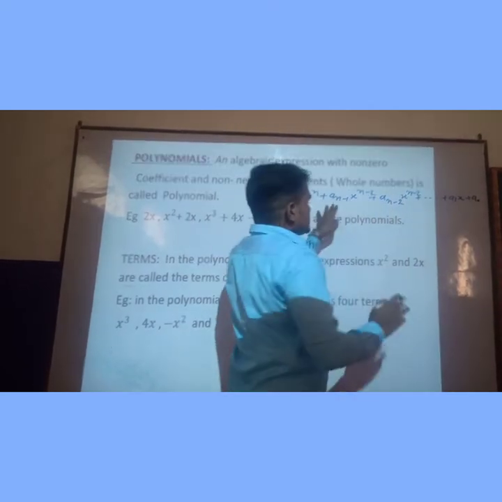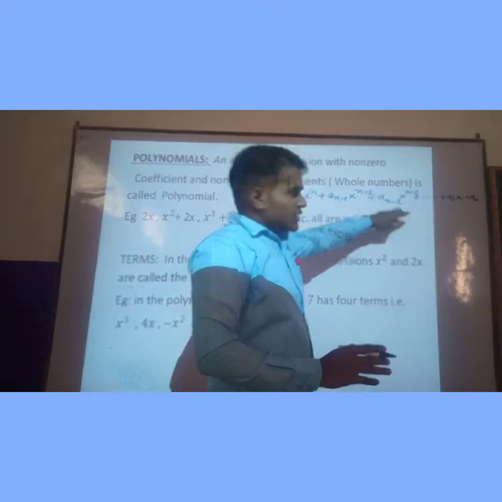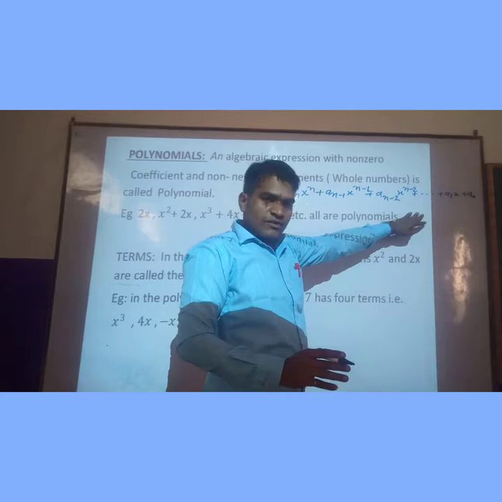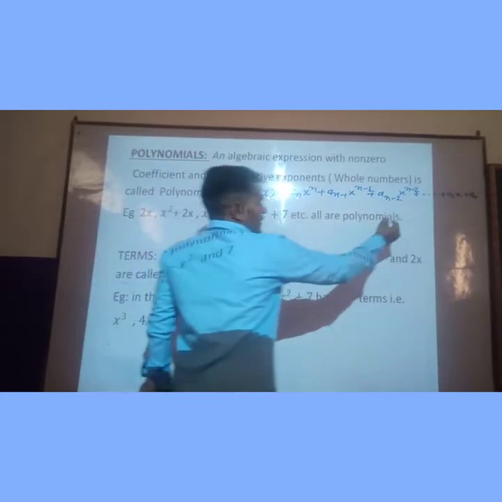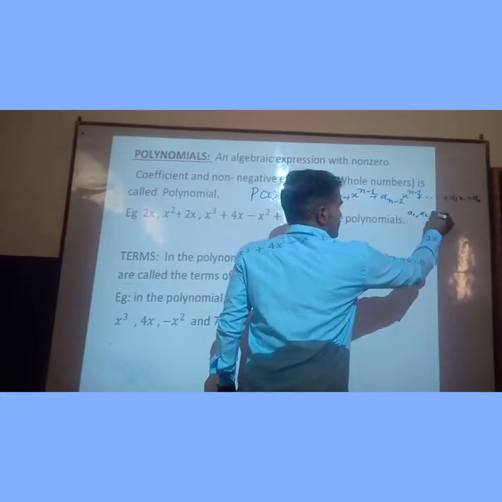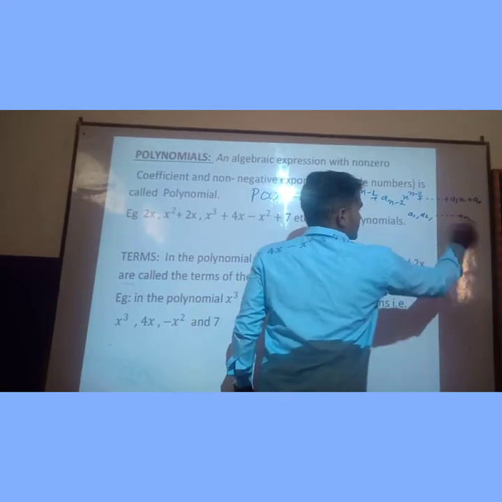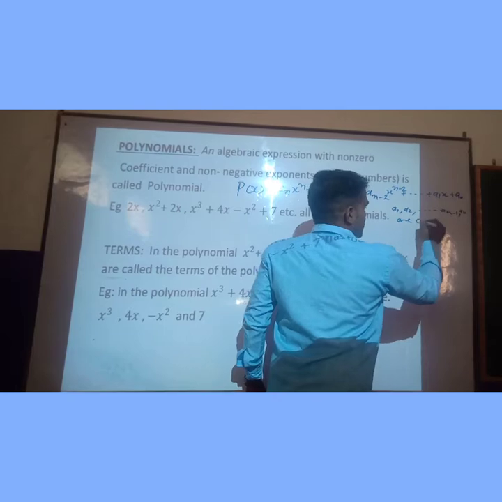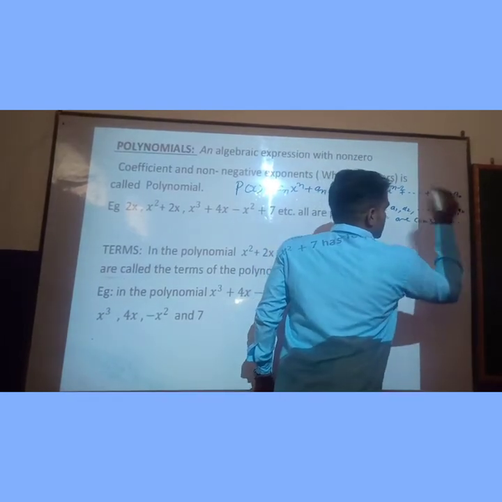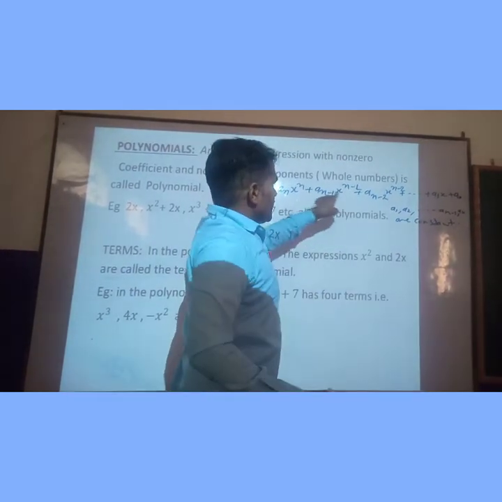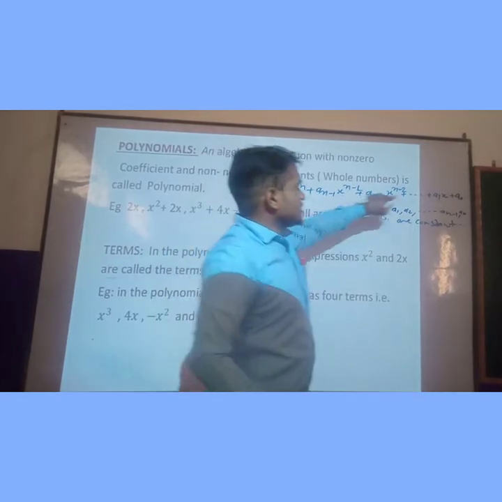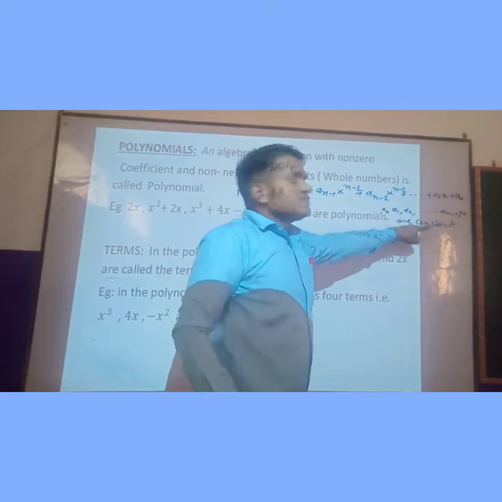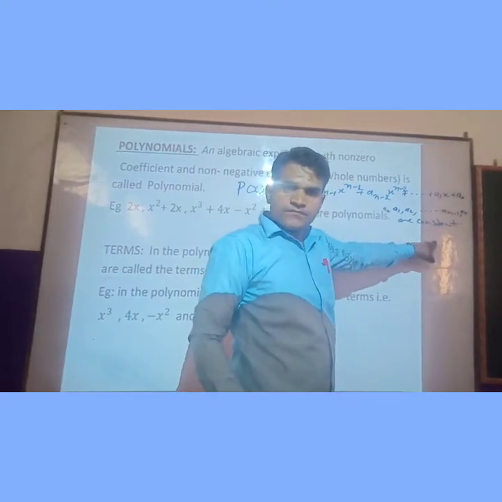Okay, so this is the polynomial. This type of expression is called a polynomial, where a_0, a_1, a_2 and so on, a_(n-1) and a_n are constants.